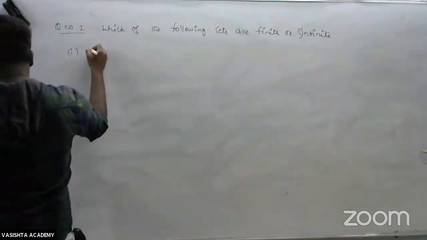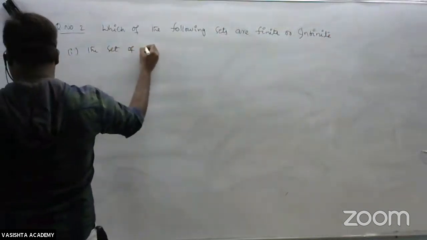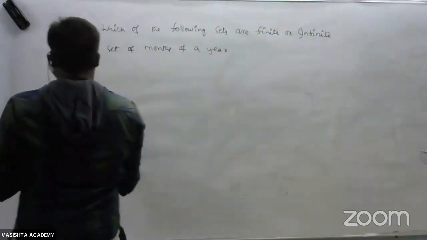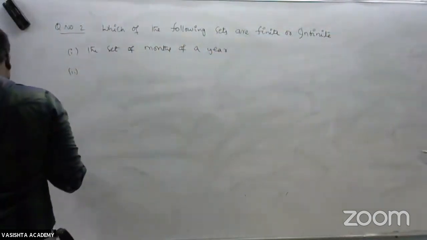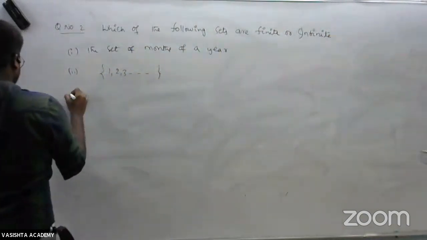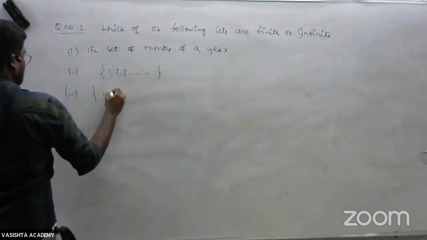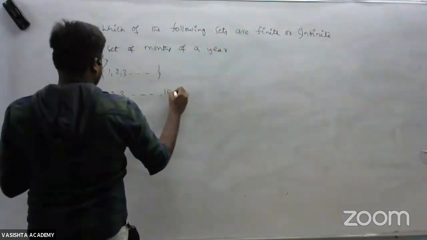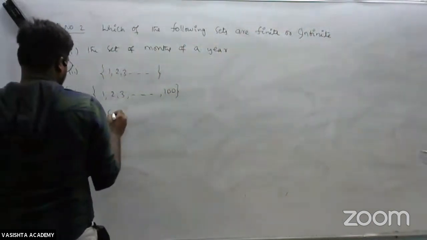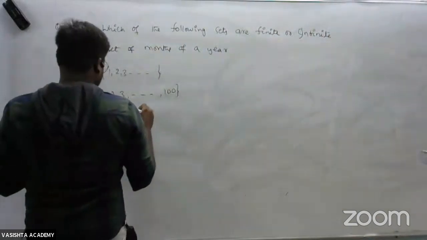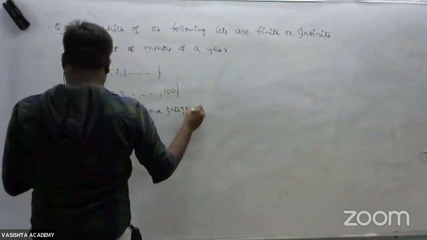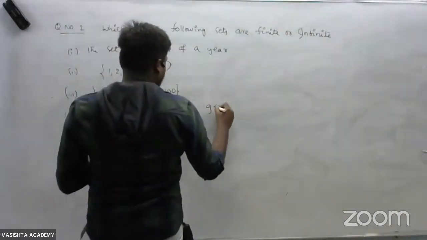First one, the set of months of a year. Very simple question. Second one, 1, 2, 3, all natural numbers. Third one, 1, 2, 3 up to 100. Fourth one, the set of positive integers greater than 100.